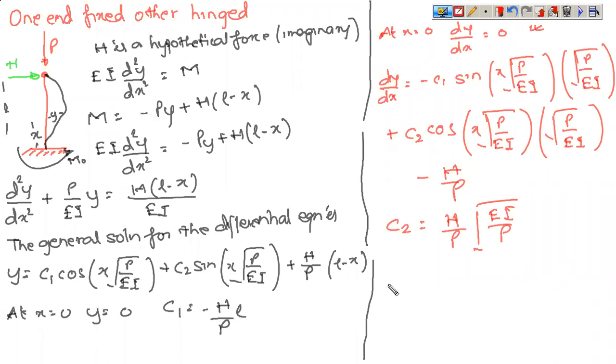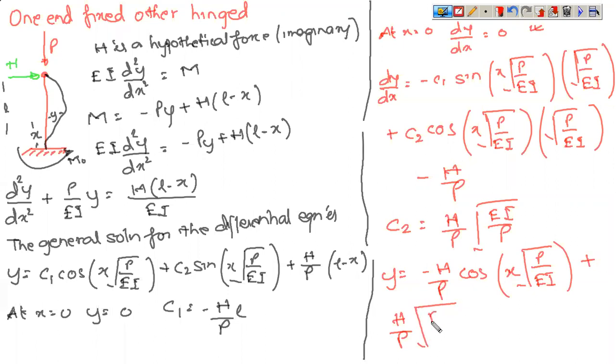So the final equation now becomes y is equal to minus H by P cos x under root P by EI, plus, since you know the value of C2 also, H by P under root EI by P sin x under root P by EI, plus H by P into (L minus x).